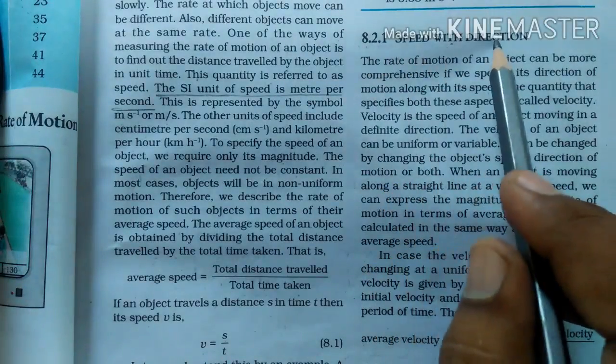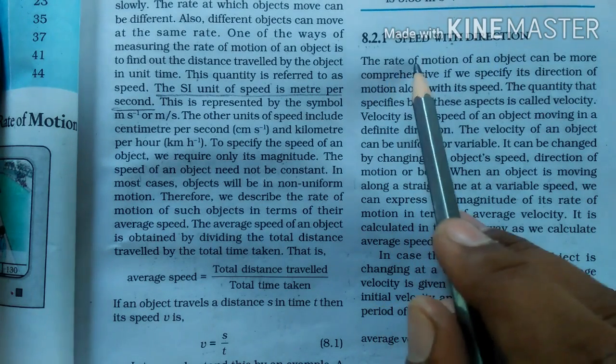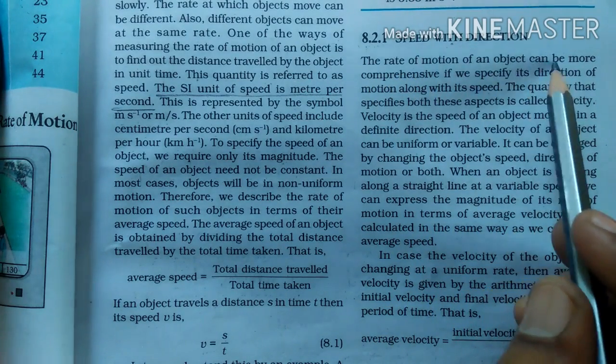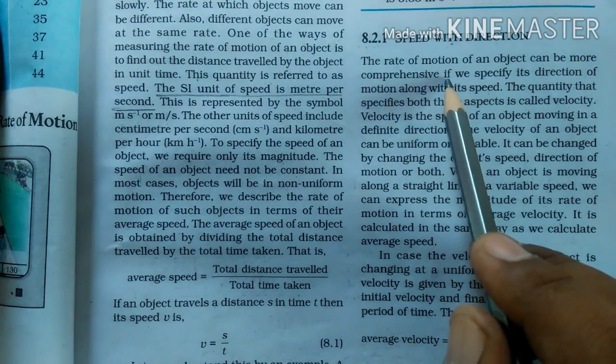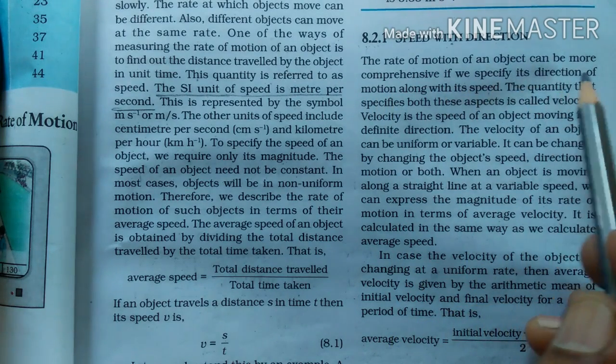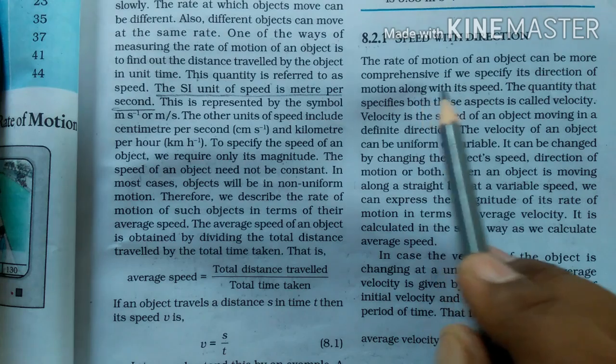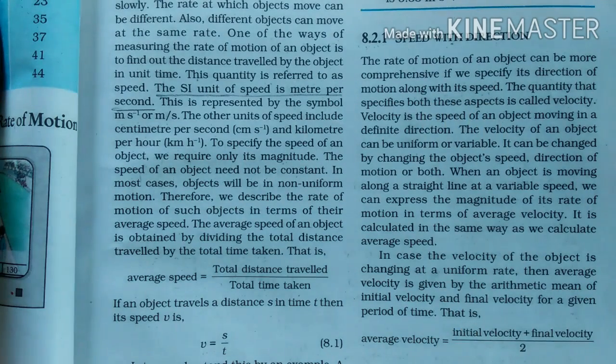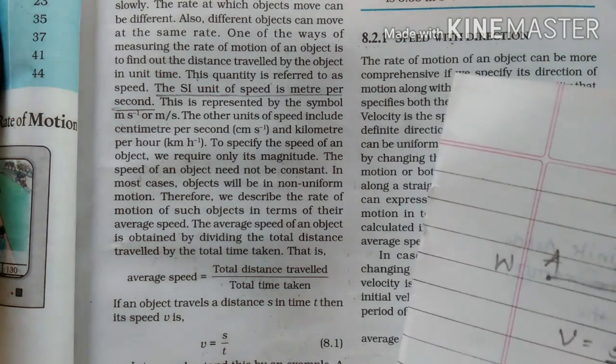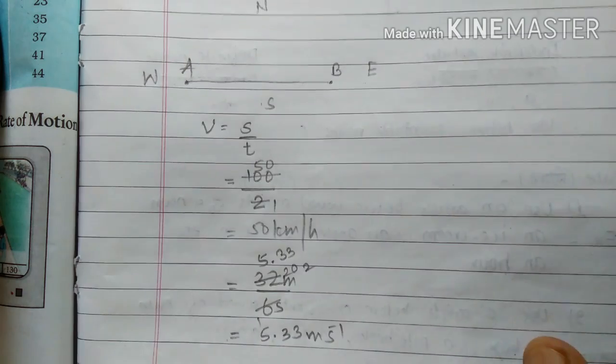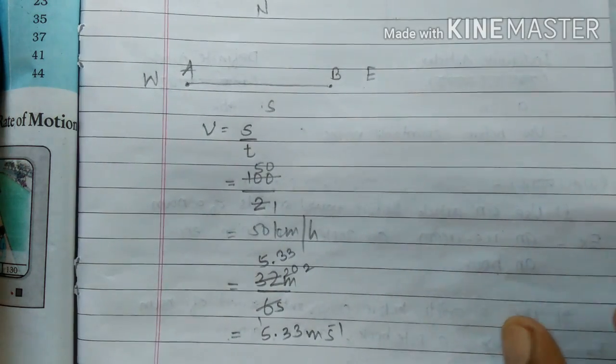(8.2.1) Speed with direction. The rate of motion of an object can be more comprehensive if we specify its direction of motion along with its speed. Means, when we consider the speed of an object, that time we will also mention its direction.